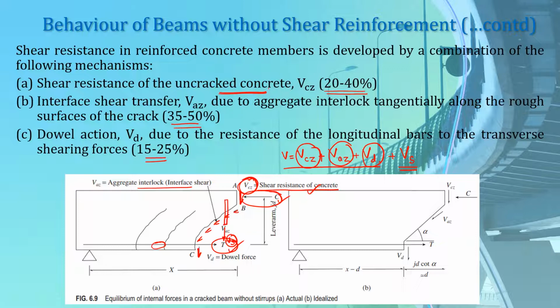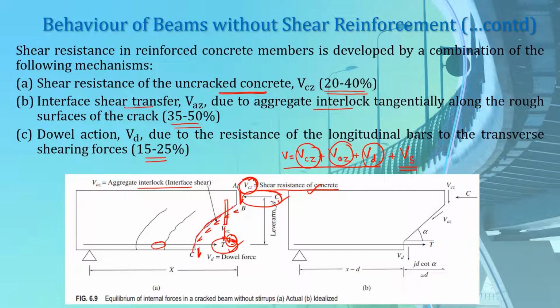Another method is this interface shear transfer or aggregate interlock. This is also known by other different names such as surface roughness shear transfer, shear friction, or tangential shear transfer. So this is the shear transferred across a definite planar surface where slip may occur. As you can see, this is some form of crack in our diagram here.